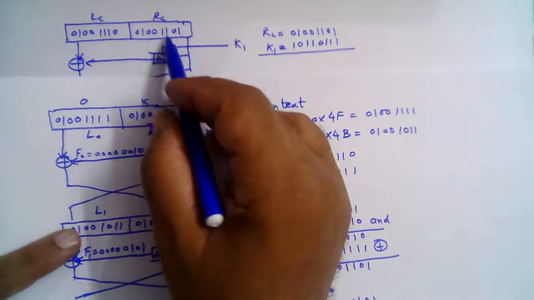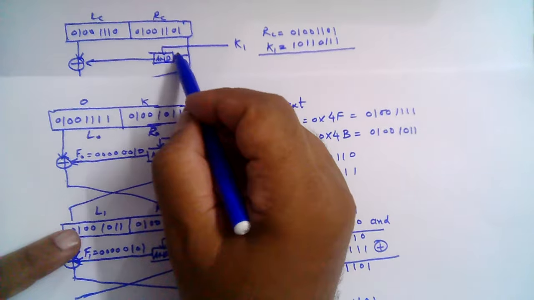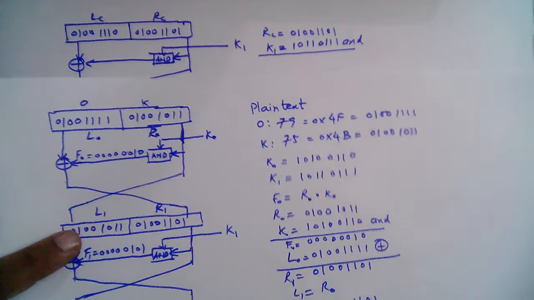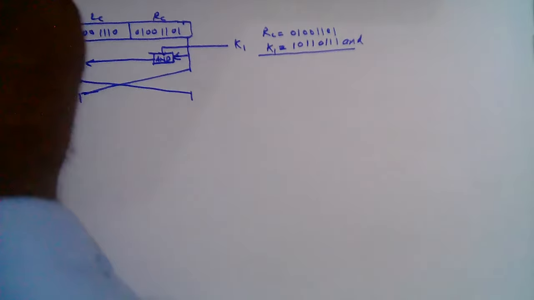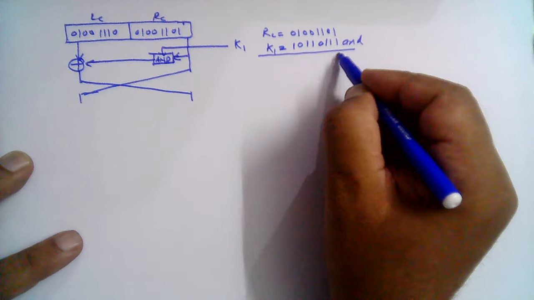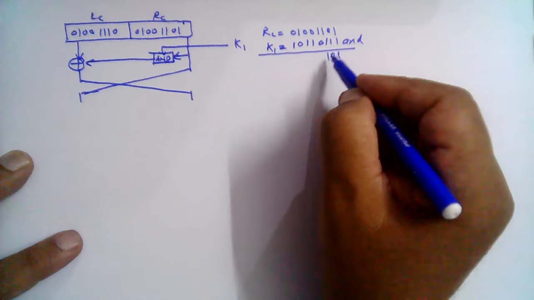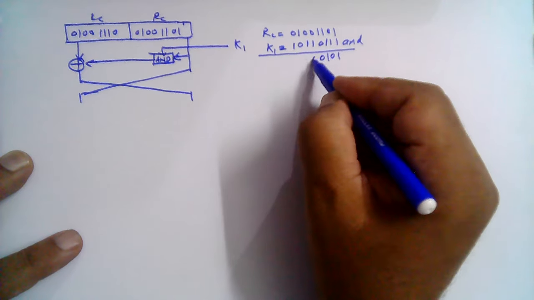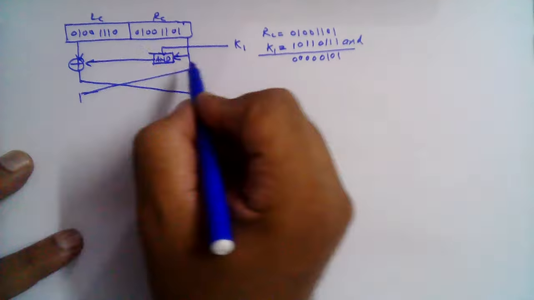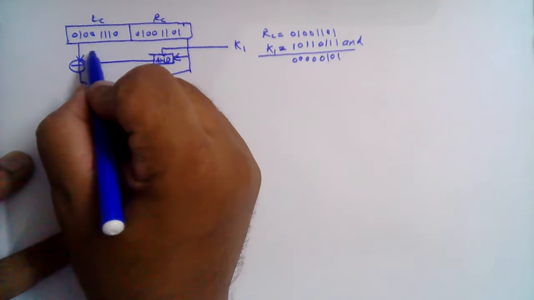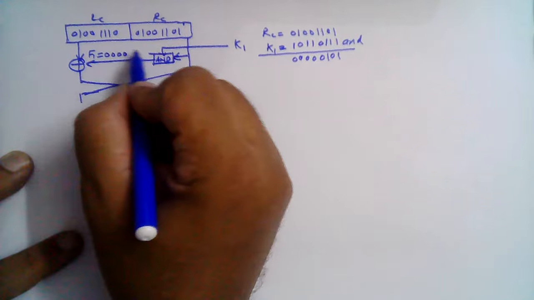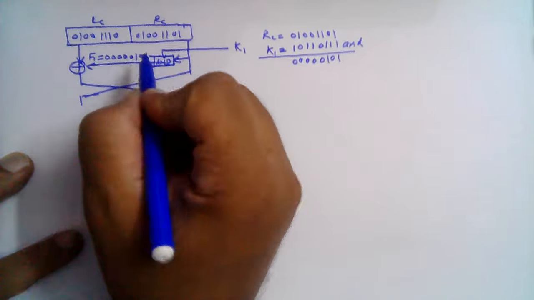We are to perform an AND operation for both these bit patterns. So 1 and 1 is 1, and so on. So this is F1 here: 00000101.